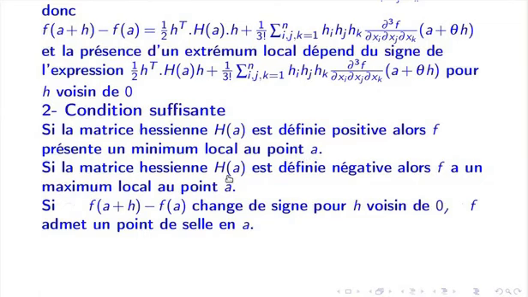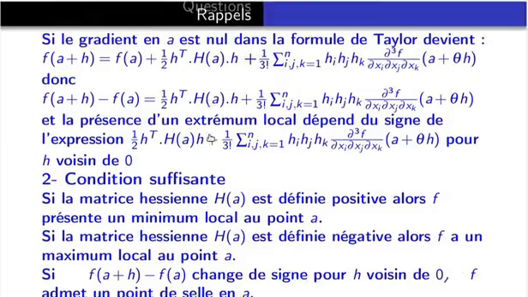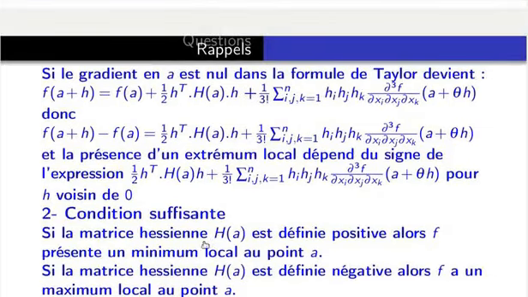If the Hessian matrix of f at point A is negative definite, then f has a local maximum at point A. And if the difference changes sign around 0, then f admits a saddle point. Therefore, we are now led to calculate the Hessian matrix at the critical point and determine if it is positive definite.